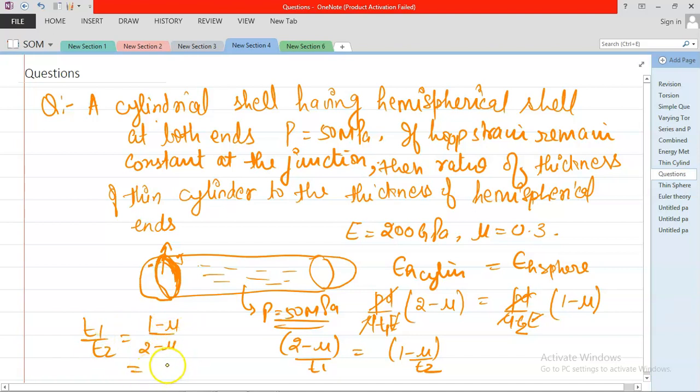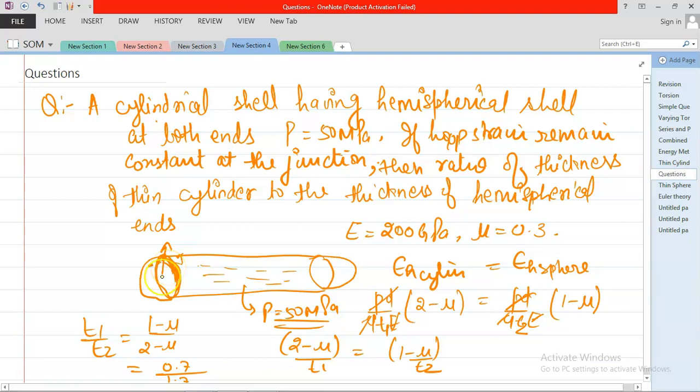So 1 minus mu is 0.7 and 2 minus mu is 1.7. What would be the value? I just reciprocate it.